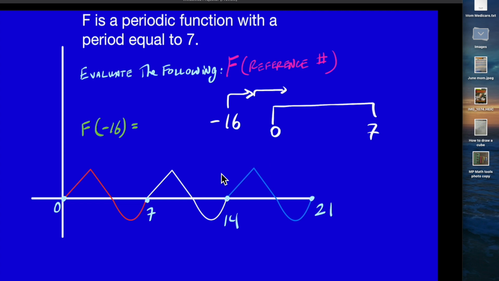Answer no. If we add 21 to negative 16, we will be in the zone at positive 5. So f of negative 16, when we add 21, puts us at 5. Therefore, these two y values will be the same.